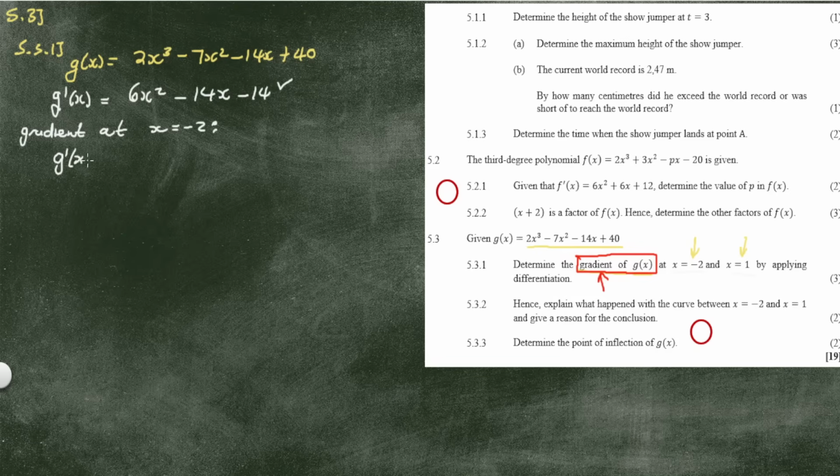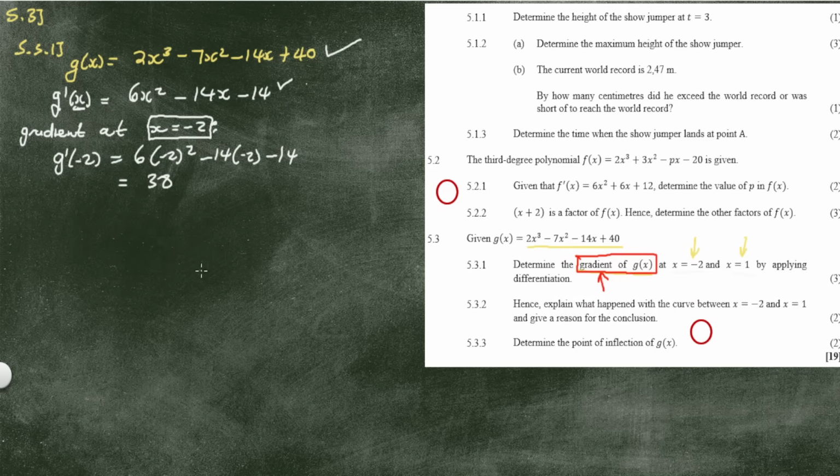It's g prime of minus 2. 6 times minus 2 squared minus 14 times minus 2 minus 14. So punching this into the calculator, I'm getting 38. Now the gradient is 38 at x equal to minus 2.